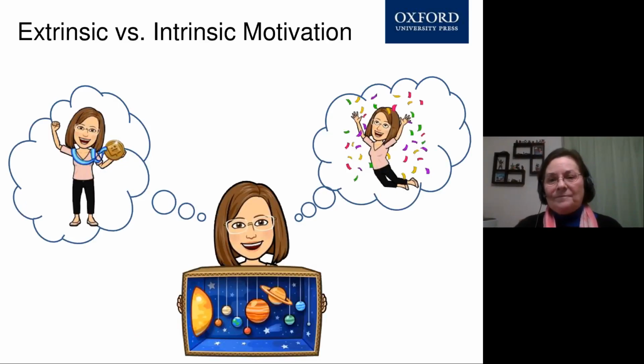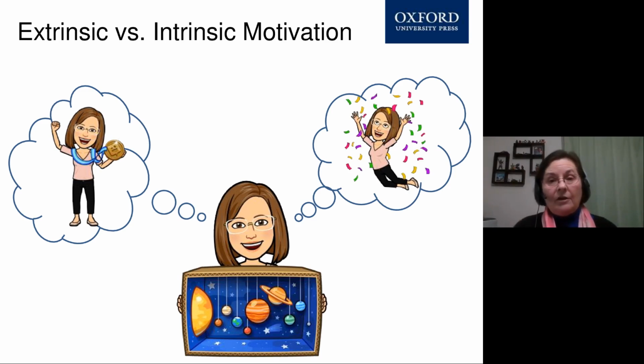So let's look a little bit more specifically at motivation itself. We're going to be focusing on two kinds of motivation, extrinsic and intrinsic. What do you already know about extrinsic motivation and intrinsic motivation? How are they different? Can you type in chat? There's lots of different ways of looking at motivation.